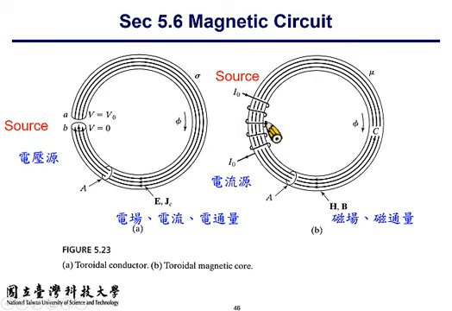And its signal or its energy exhibits in terms of electrical current J, and within the circuit, the dominant field is electrical field, right?